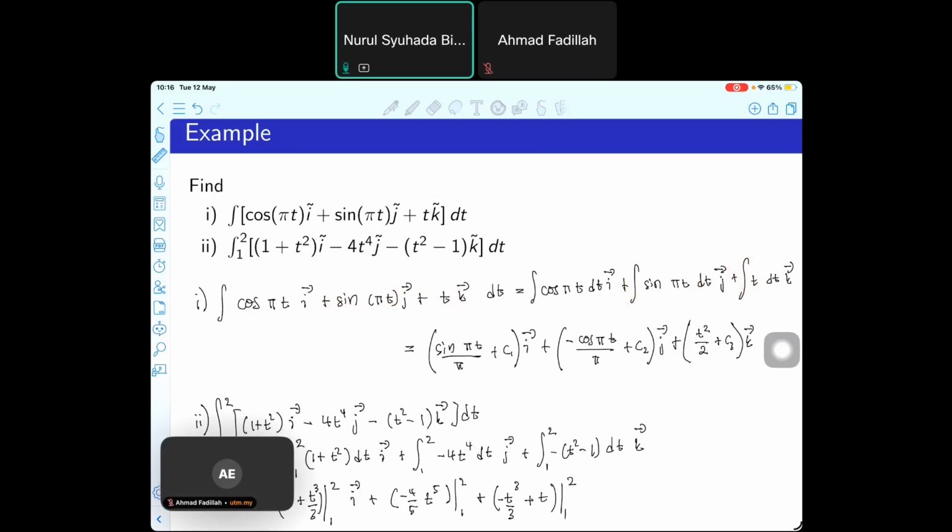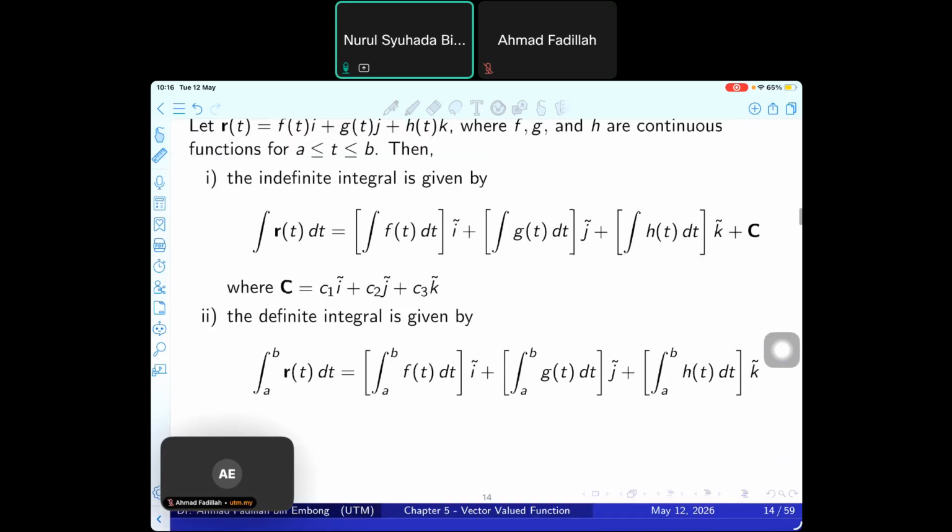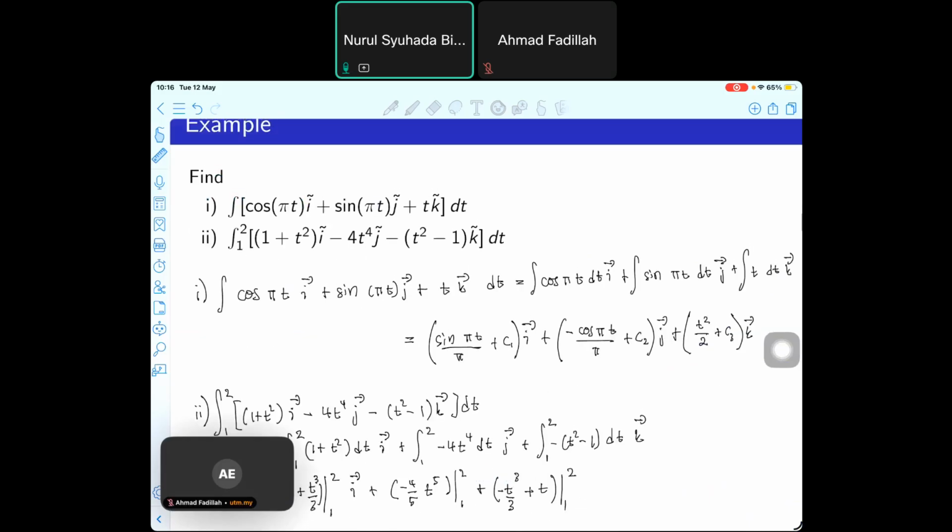So I divide it into each of the components: the ith component, jth component, and also kth component. Integrating cos pi t, we have sine pi t over pi. But you have to keep in mind, we always have a constant here.